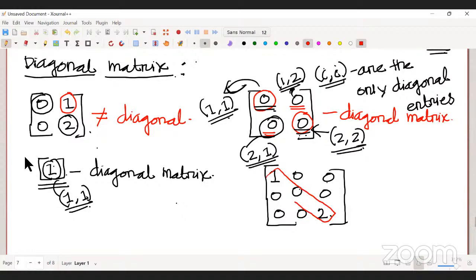I don't care about the values in the diagonal entries. I only have to check the condition on all the non-diagonal entries. This is a non-diagonal entry and it is 0, this is 0, this is 0, this is also 0. So all the non-diagonal entries are 0. That means this is a diagonal matrix.